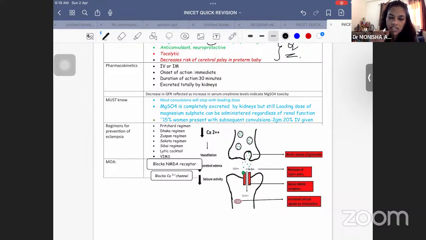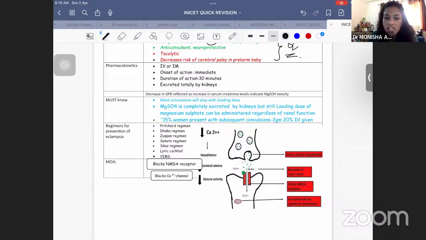When I say excreted totally by the kidneys, it is important that if the patient already has poor renal function, regardless of the renal function, you will still give magnesium sulfate, because most of the convulsions will stop with the loading dose.